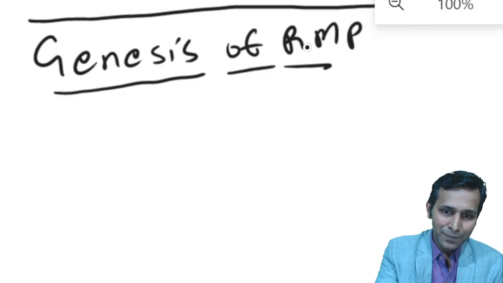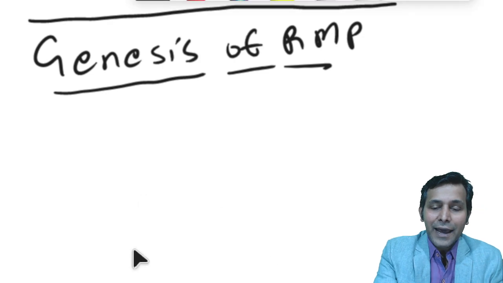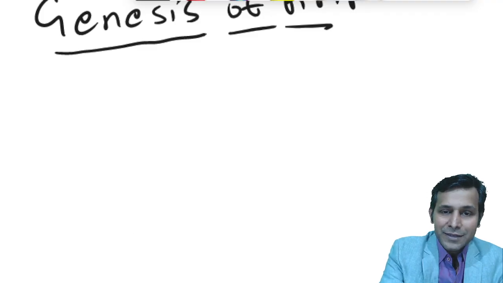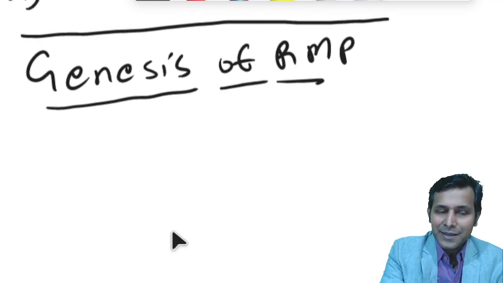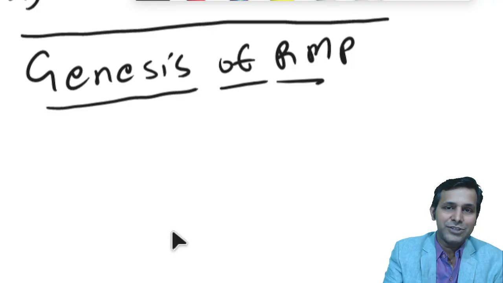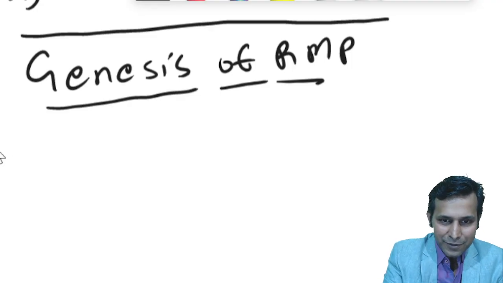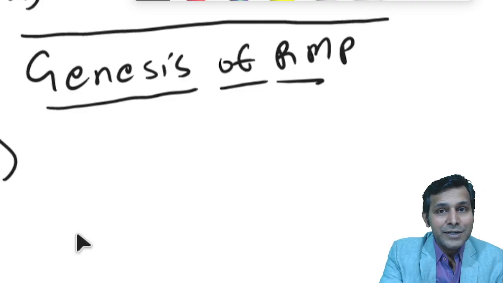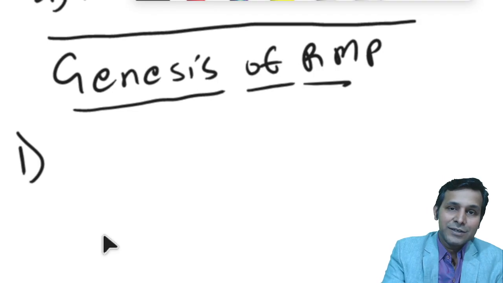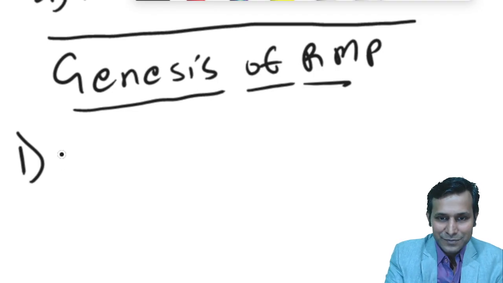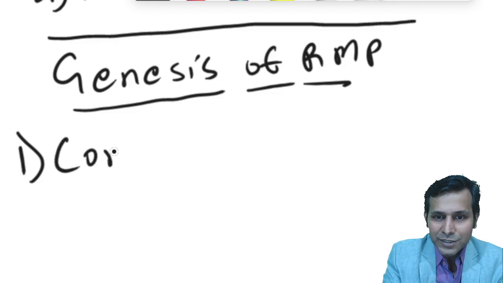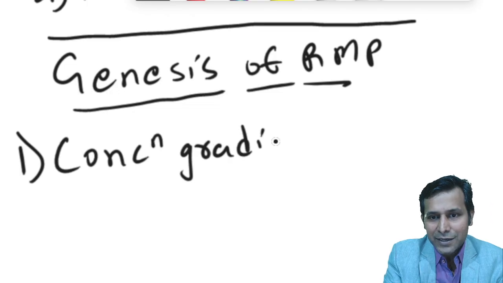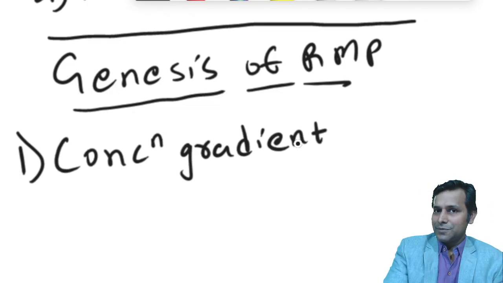So to generate RMP, remember, we require three important factors. There are three important factors which are responsible for the generation of RMP. Number one, we will look for the concentration gradient of the ions across the membrane. The first factor is concentration gradient of the ions across the membrane.